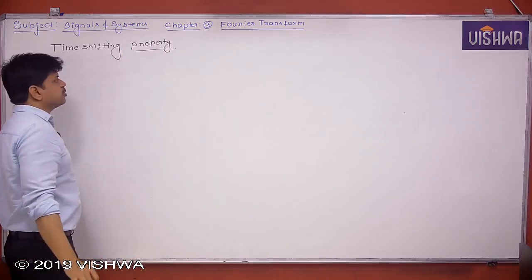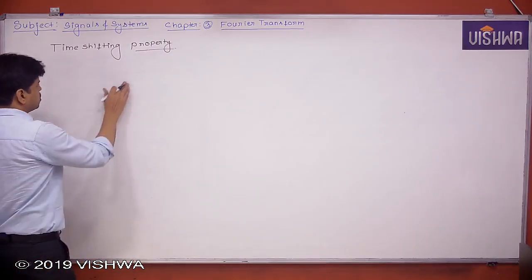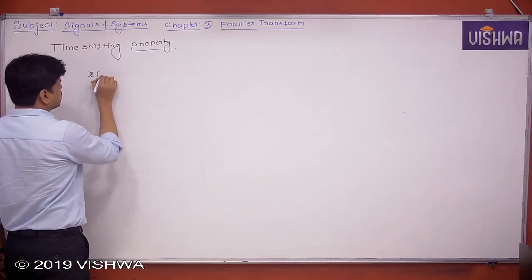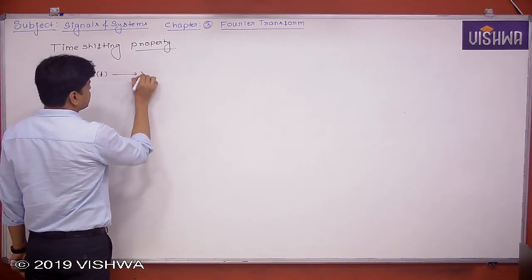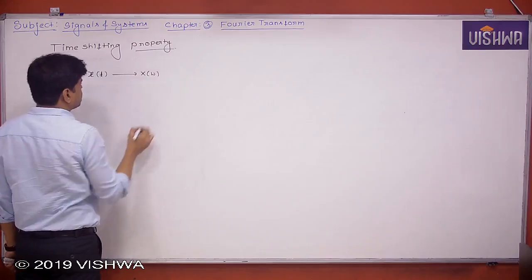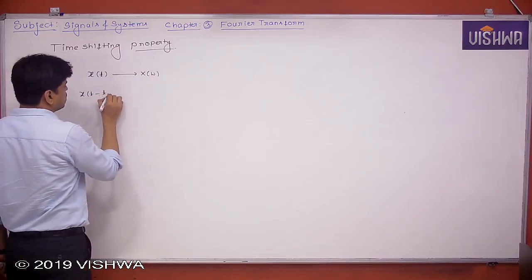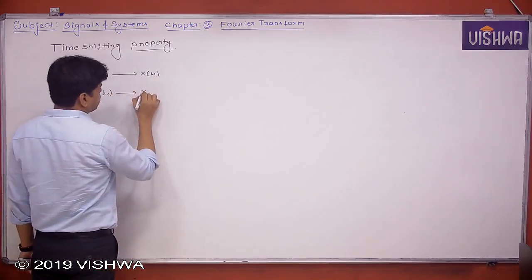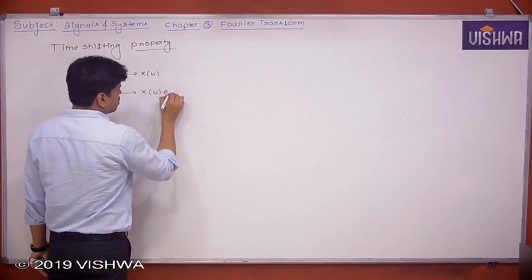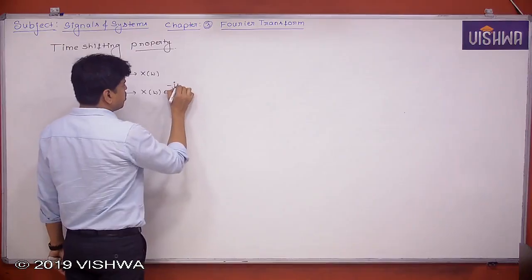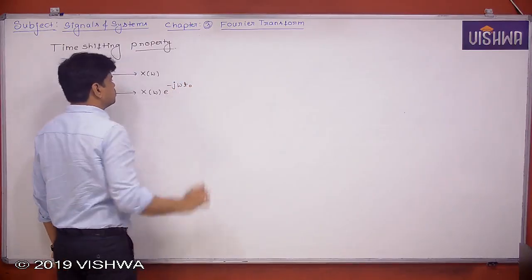What is the time shifting property saying? Suppose a signal x of t has Fourier transform X of omega, then if I take x of t minus t naught, this is going to be X of omega e power minus j omega t naught.